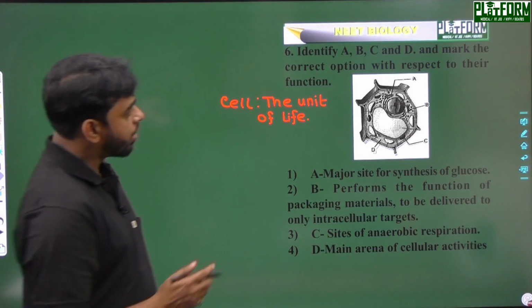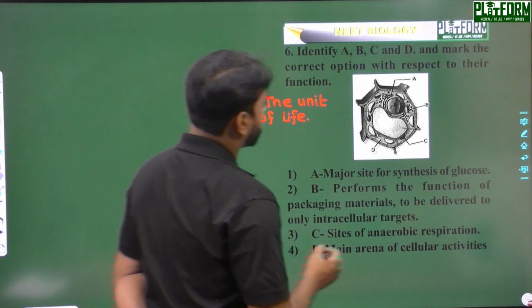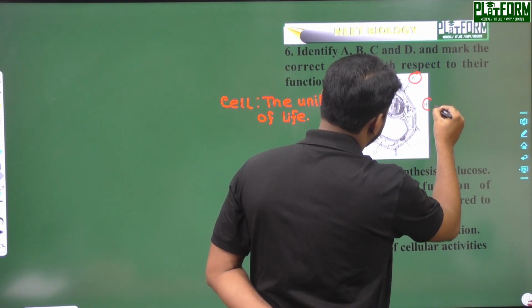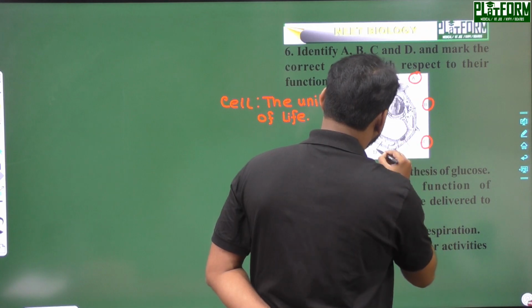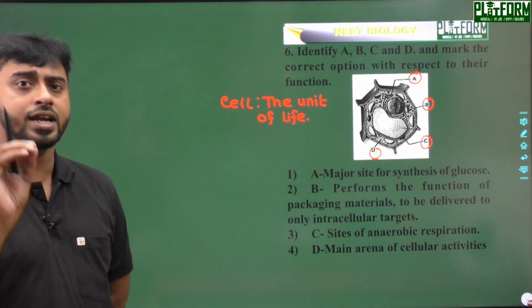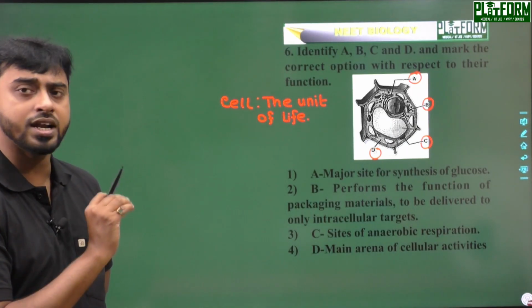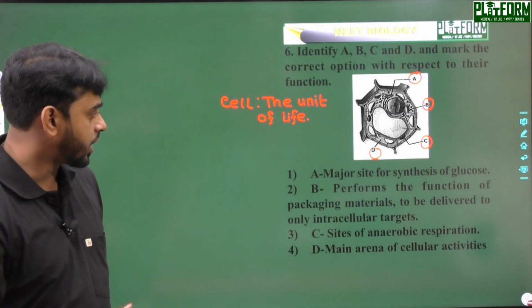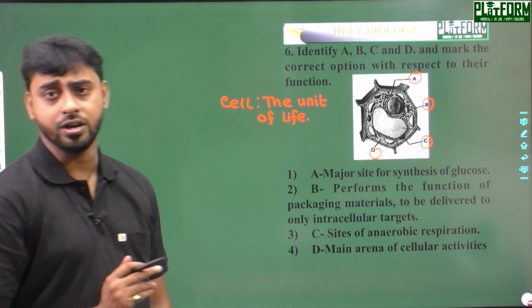Now, in this particular diagram, there are a few labels A, B, C and D. First of all, you have to identify A, B, C and D. Then you have to match their function which is given over here.